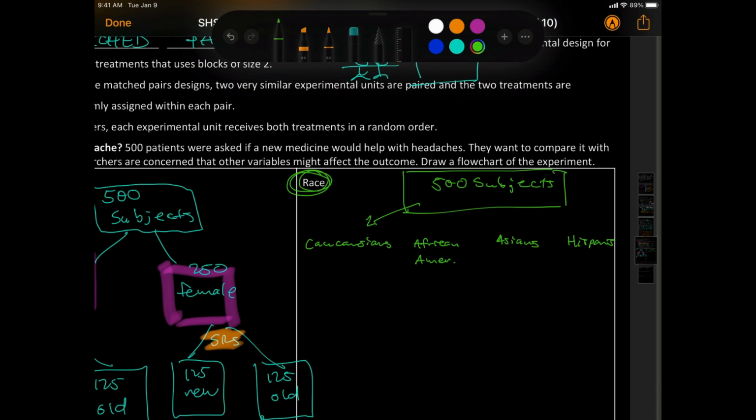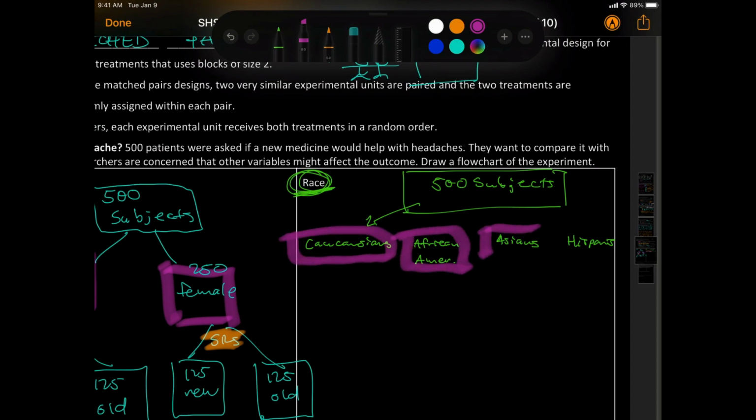So here's my block. Block is, again, race. Let's use our color coding. 4 blocks. And so that'd be like 125, hopefully, each. Guess the numbers don't really work out.